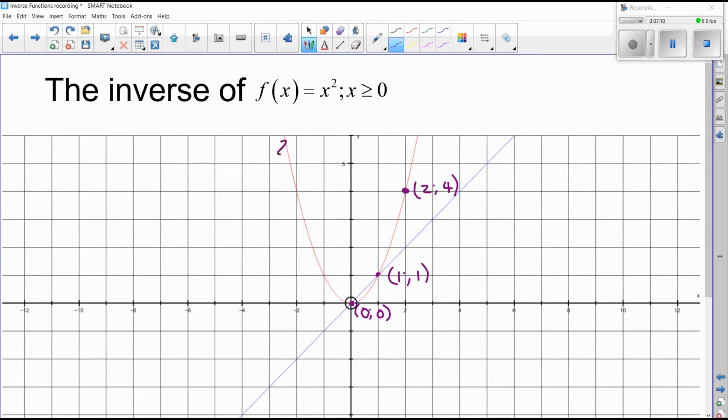So we shouldn't actually be drawing that arm of the graph. The only arm of the graph that we're looking at is the graph for x greater than or equal to 0. So let's take these 3 points and reflect them in the line y equals x, and let's see what the inverse will be.